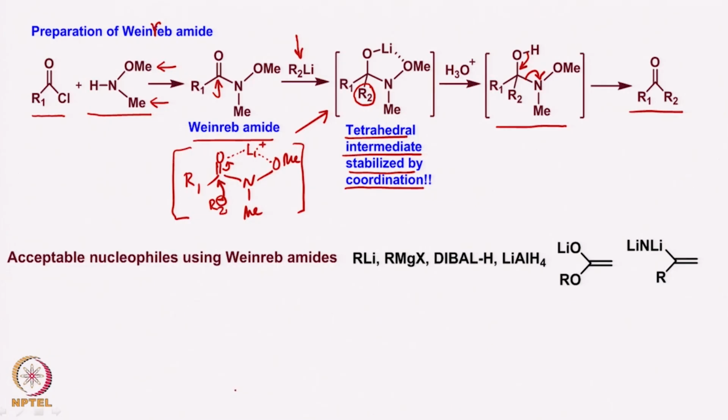The nucleophiles which have been utilized with Weinreb amides are alkyl or phenyl lithium, Grignard reagents, Dibal or even lithium aluminum hydride, and nucleophiles where you can put an amide group or an ester group onto the electrophilic site of the Weinreb amide.